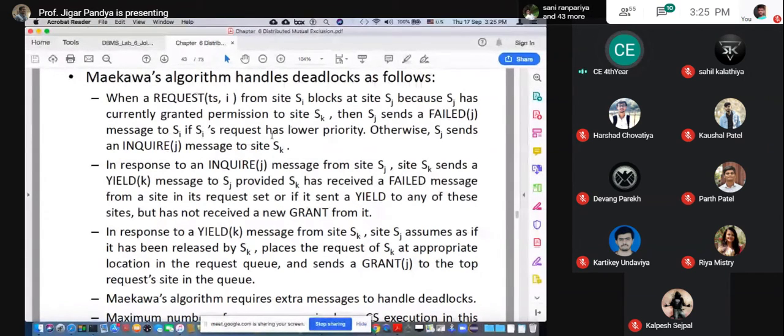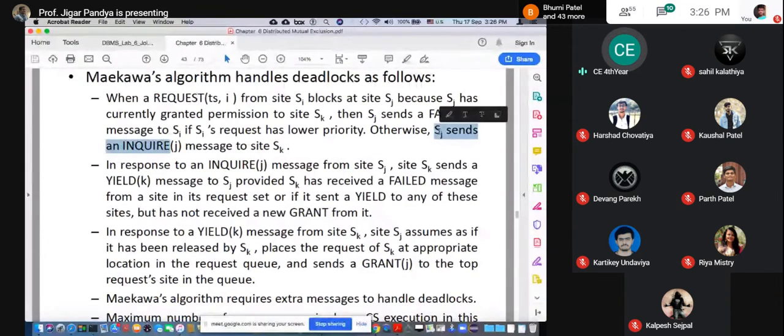If it is on the other side, for example, site Sj has given acknowledgement to Sk already, and Si is coming up, but Si's priority is higher than Sk's, at that time Sj feels like, oh, Si's priority is higher than Sk's, so I actually have to do something to help Si, and that is this.